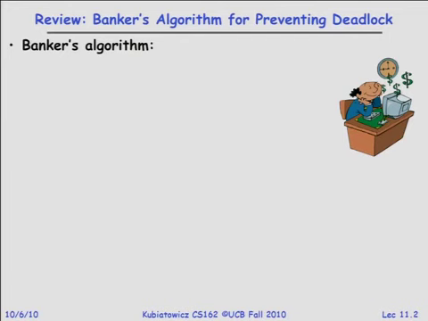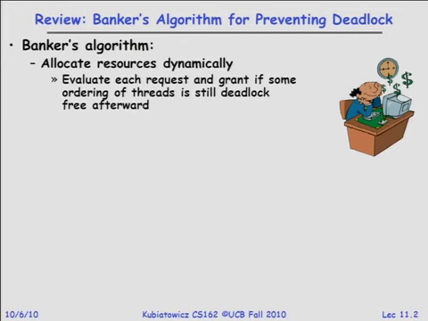So the banker's algorithm, basically the idea is that all resources are allocated dynamically. Each request is evaluated, and it's only granted if some ordering of threads can actually complete afterwards.